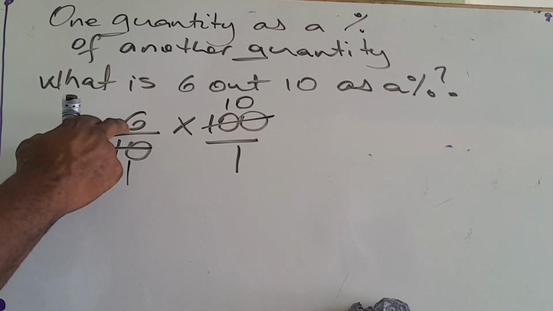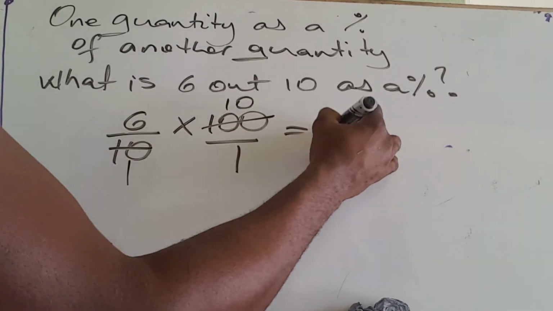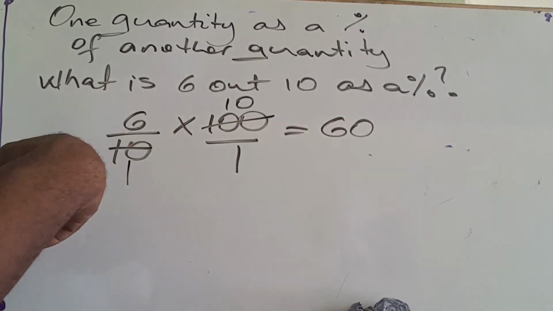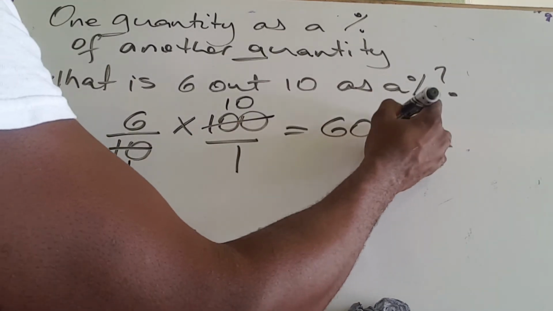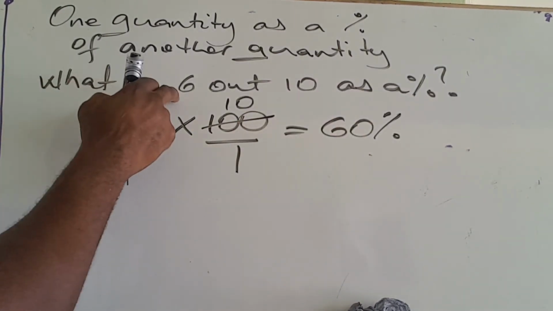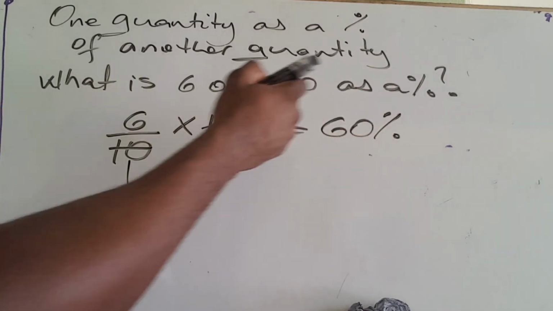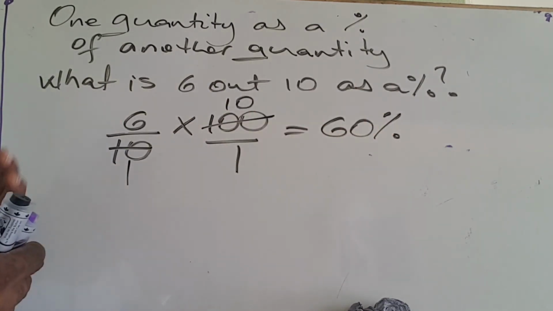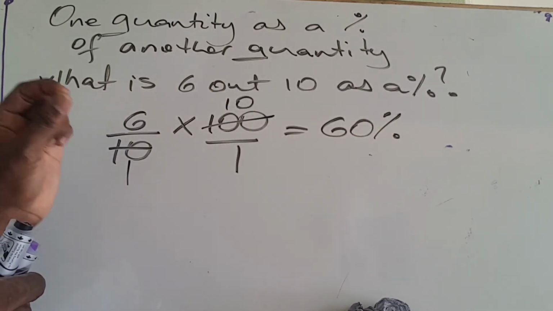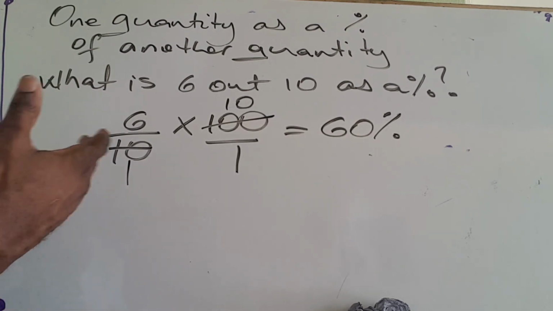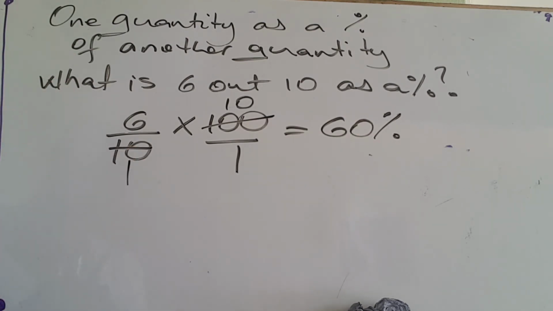What do I have? 6 times 10, 60. But what is my answer? 60%. What is 6 out of 10 as a percentage? So there it is, I represented my answer as a percentage. 6 out of 10 as a percentage is 60%.